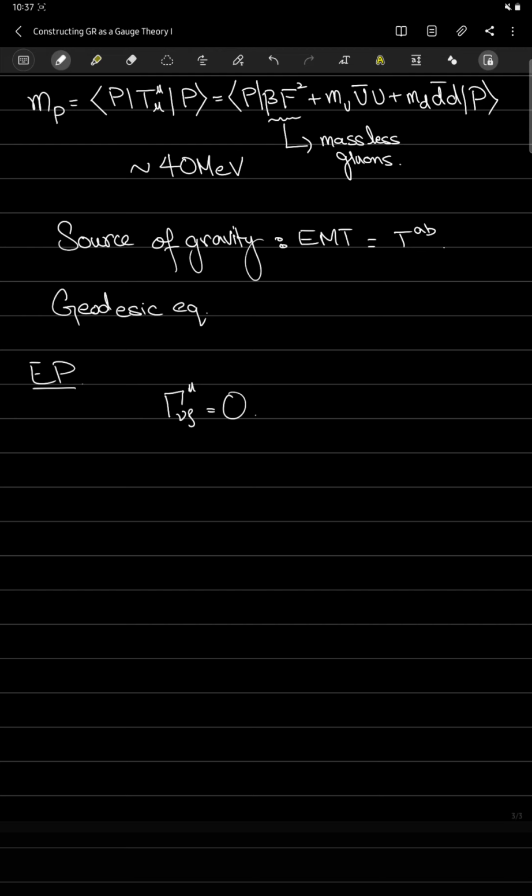Now let us try to account for this effect within the scalar gravity framework.